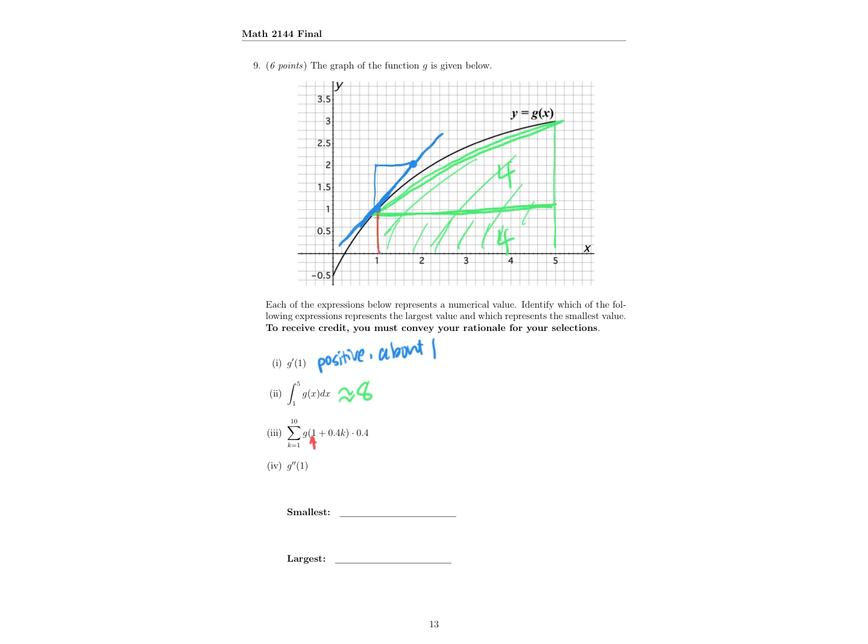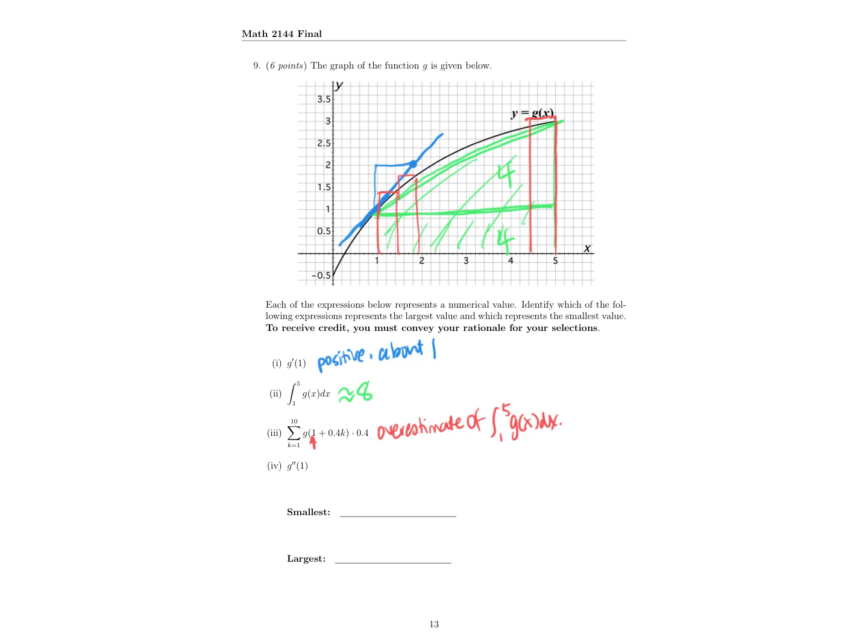Now the first one is going to start taking it from the right-hand side, so that's going to be a right-hand Riemann sum with 10 rectangles. The very last one will happen at 1 plus 0.4 times 10, that's going to be 5. So the very last one is taking a height at 5. So this is actually going to be an overestimate of the integral from 1 to 5 of g of x dx.